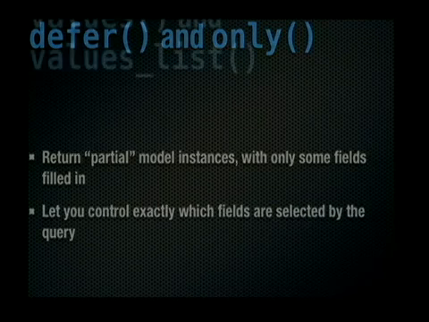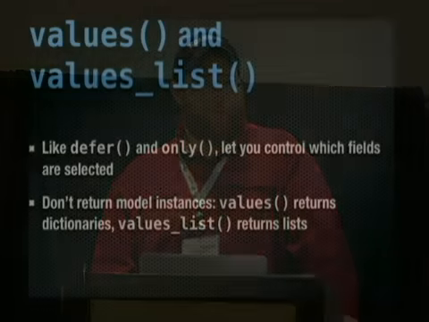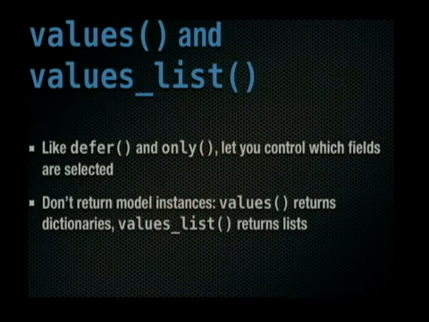Two other favorite methods of mine, values and values list. These are similar in that they let you control what fields we're selecting, but they don't return model instances. Values returns a list of dictionaries filled in with the values of the fields. Values list returns lists.